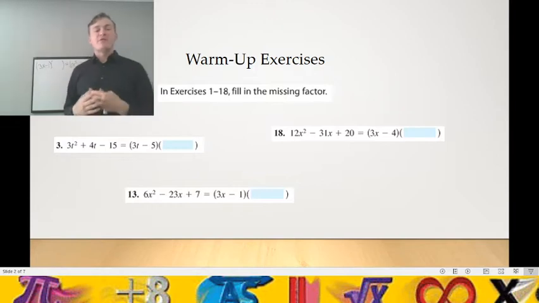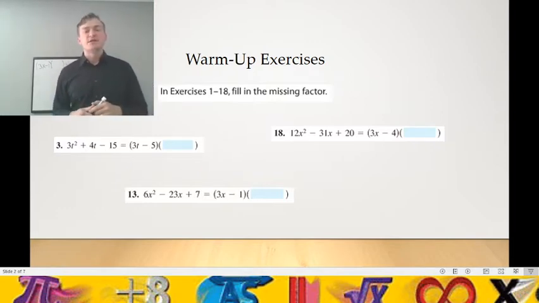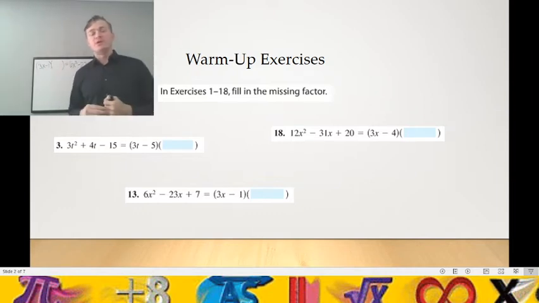Here, notice that we have an ax squared or an at squared for number 3. We have a coefficient in front of our variable squared other than 1. For number 3, a coefficient of 3. For number 13, a coefficient of 6. And of course, for number 18, that coefficient of 12 in front of our variable squared. Which means once we get into the bulk of this section, we will need to display some other technique for factoring these trinomials.